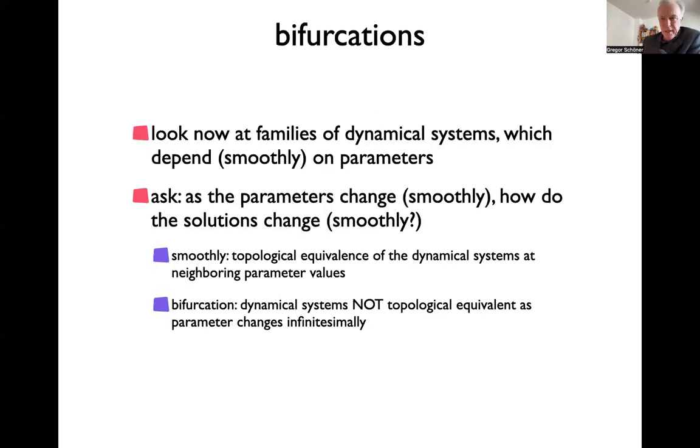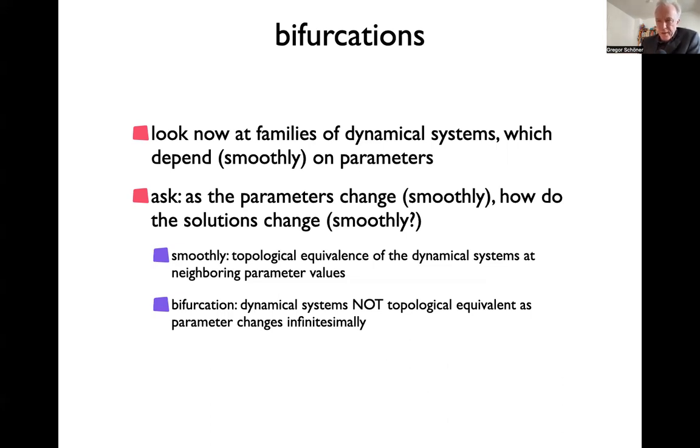Good. See, now it really accelerates. Now we'll do stuff that you're not so familiar with. So bifurcations. Bifurcations are changes of stability. We're interested now in changing the differential equation. So when we're changing that, then we're talking about a whole family of dynamical systems. Usually we think of these families as being spanned by some parameters of the equation. If you write it concretely as an equation, you have some numbers in there that you can vary. And we're always looking at differential equations where the dependence of the dynamics, the right-hand side of the equation, is smooth, right?